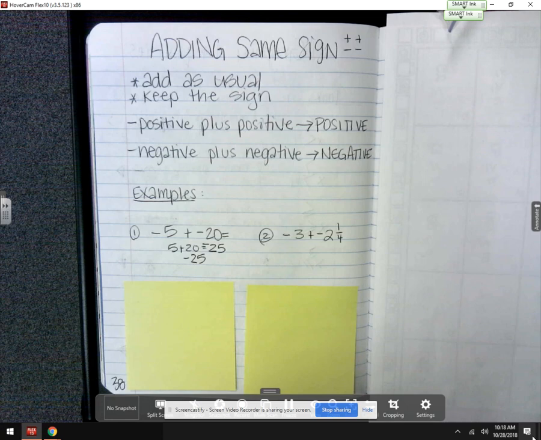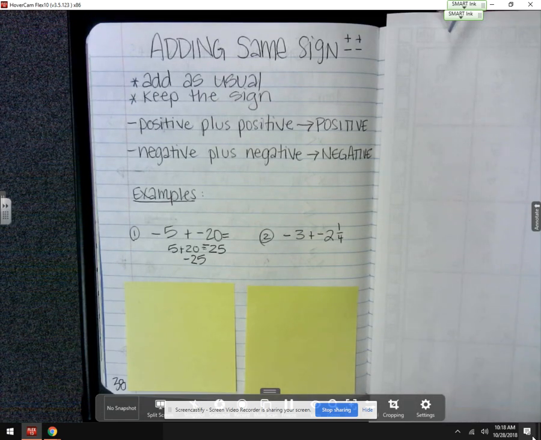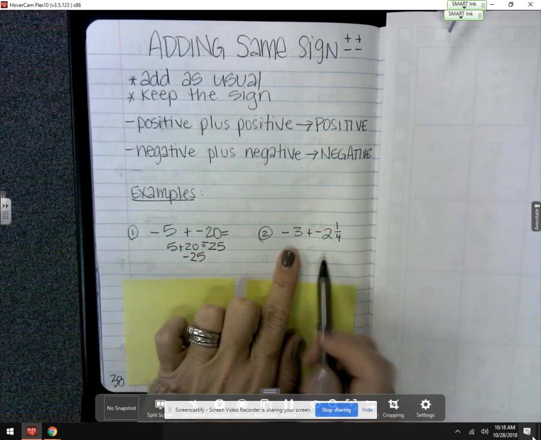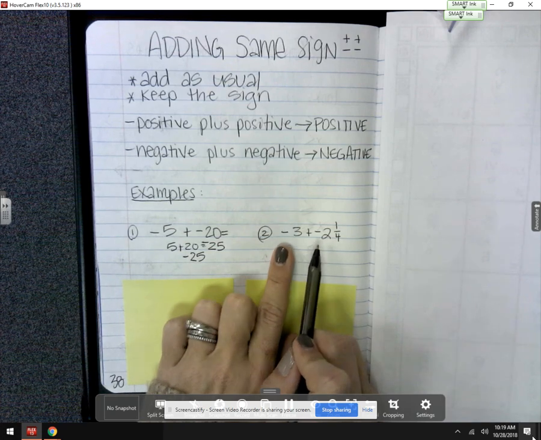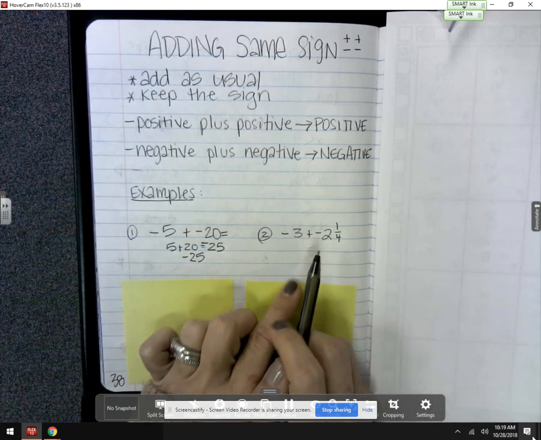Okay, number 2. Our integer rules apply even when we're talking about fractions. So it says adding integers, but we know fractions aren't integers. So we're going to say adding rational numbers with negatives. So when I've got these two, I know that it's going to be a negative because they're both negative. So I'm going to just add as usual.